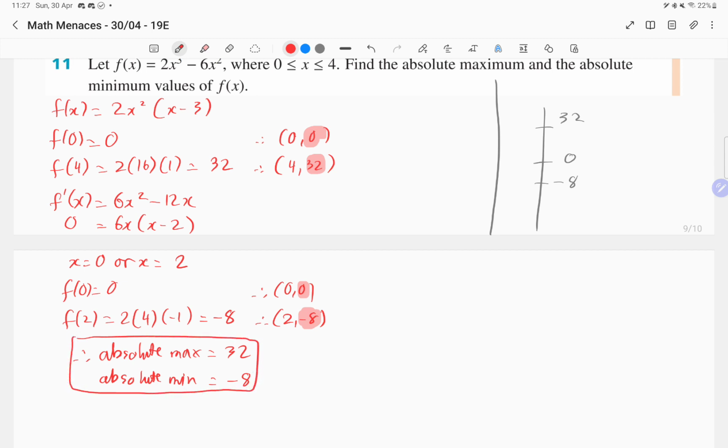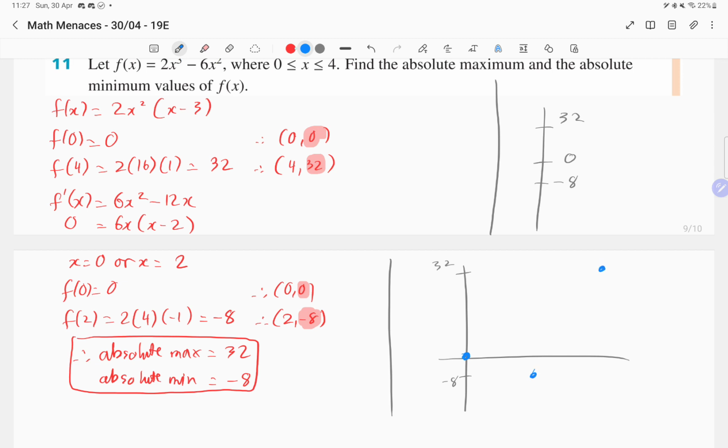So in fact, if you've got the end points and the stationary point, you can actually just sketch it. I'll sketch this one for you to see. I've got the points (0, 0), (2, -8), and (4, 32). So let's say this is negative 8, this is 32. We've got the point (0, 0), (2, -8), which is here, and then (4, 32), which is there.